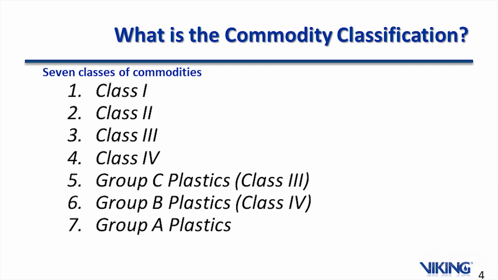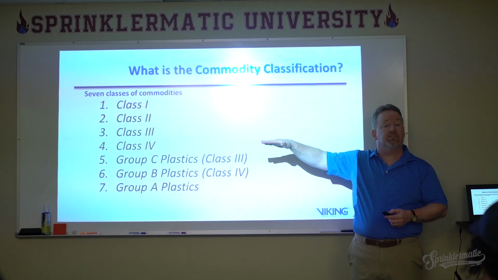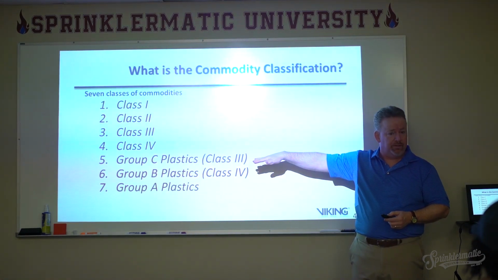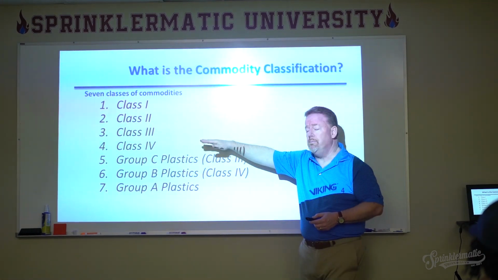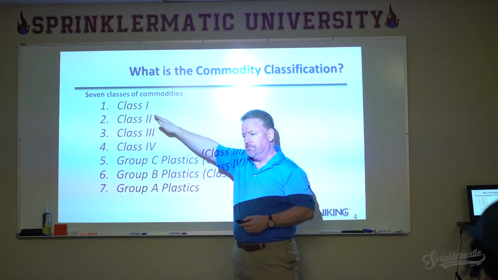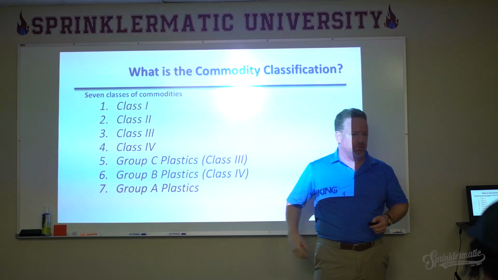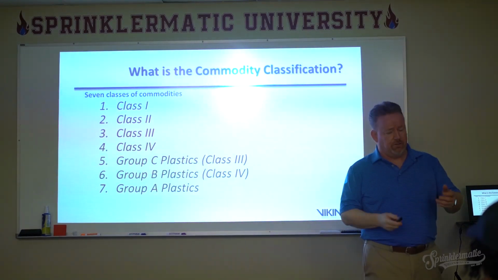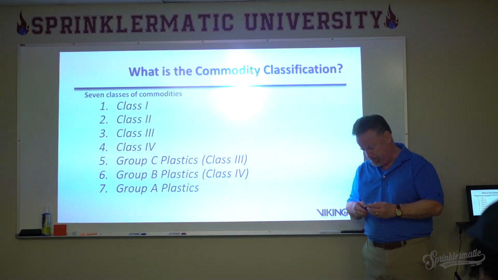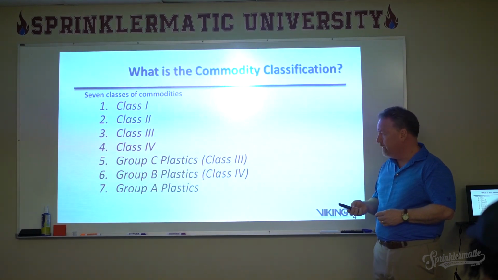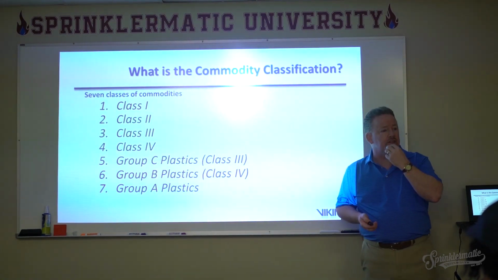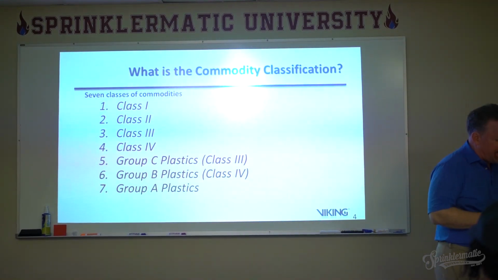These classifications are defined basically by the ability of the commodity to burn. Class 1 is the least combustible, all the way up to group A plastics, which are the biggest challenge for a sprinkler system to control.